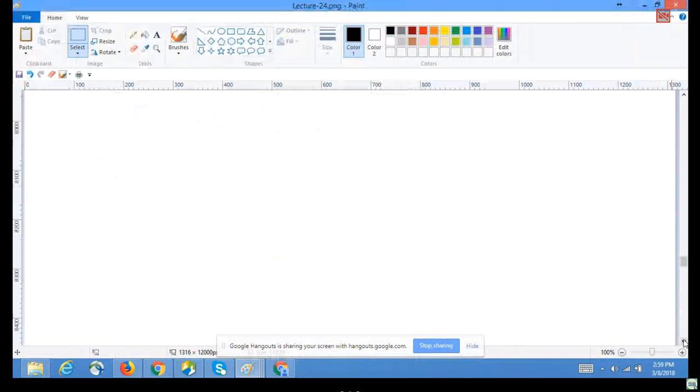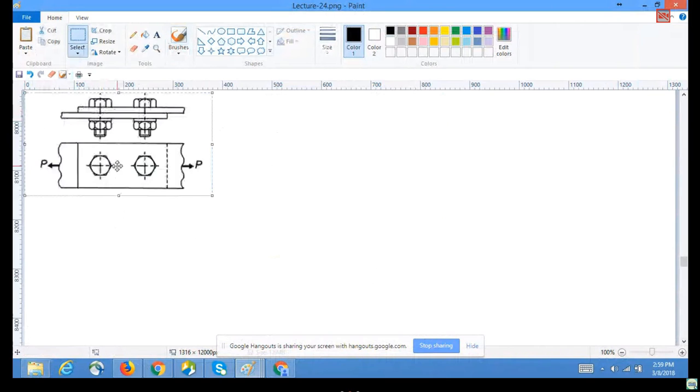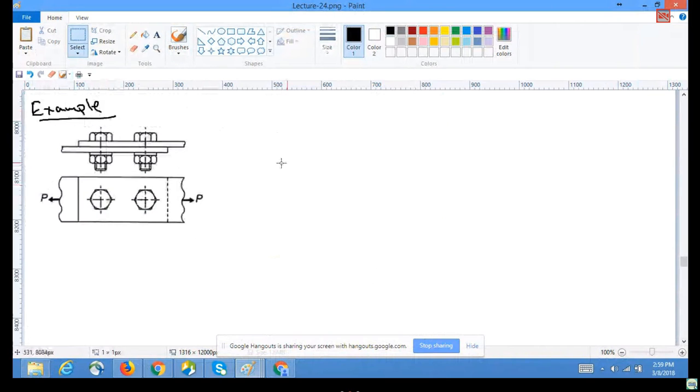So let us solve one example. Consider the two plates.